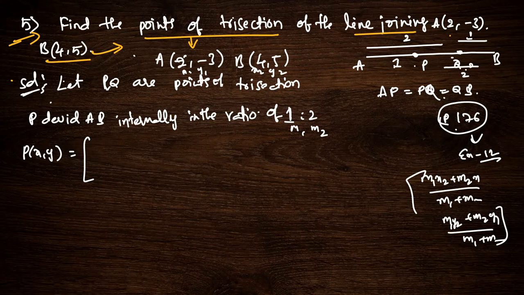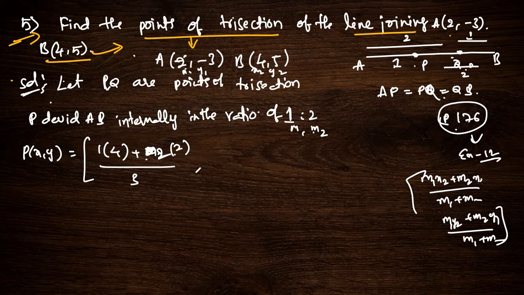Here M1 is 1 into x2, which is 4, plus M2 which is 2 into x1, which is 2, divided by M1 plus M2 which is 3.